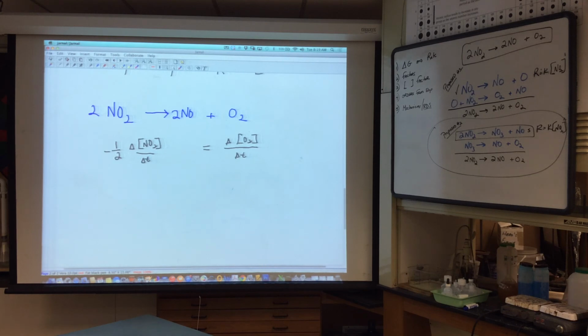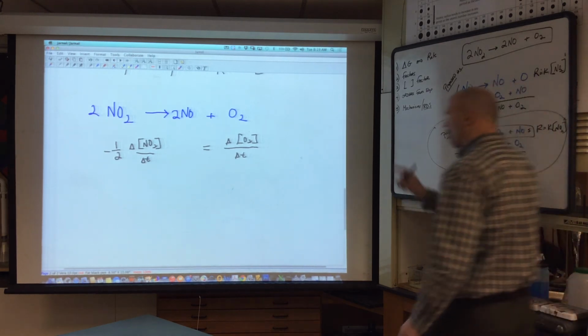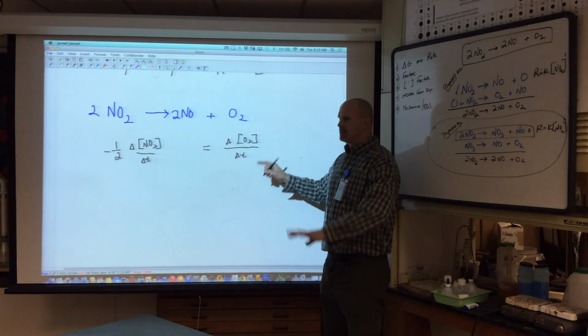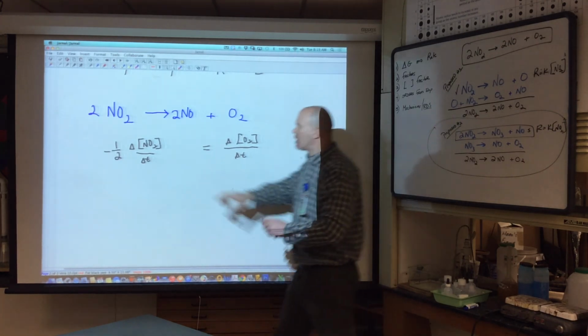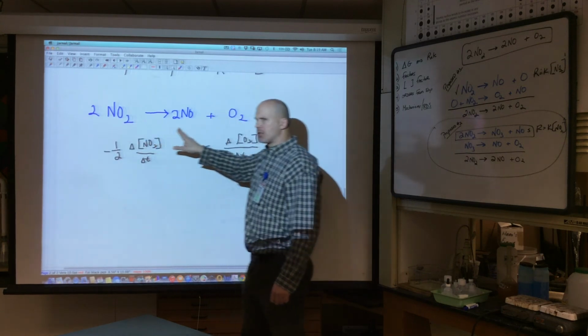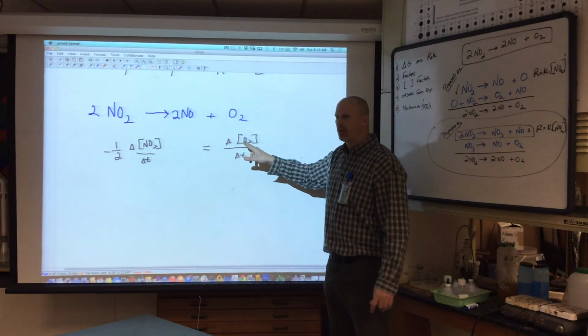What does that mean? This is the overall reaction. It's not the rate law. What I'm showing you is that the stoichiometric coefficients are tied to each other.